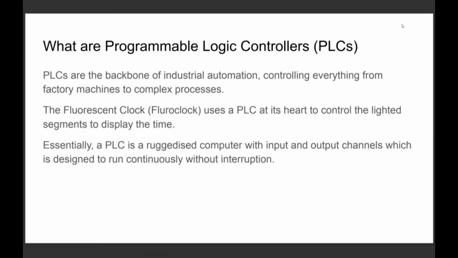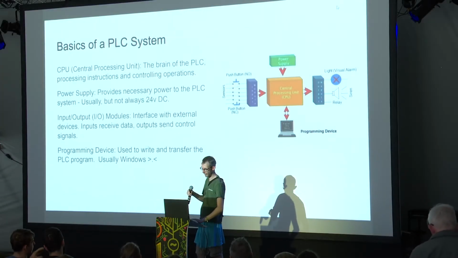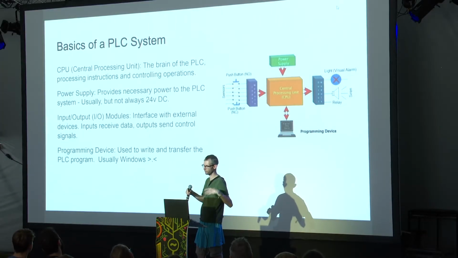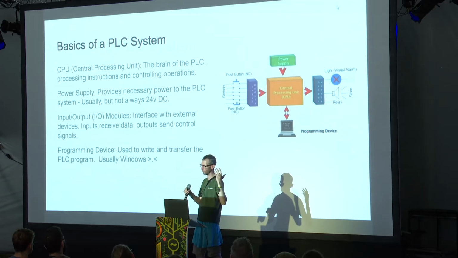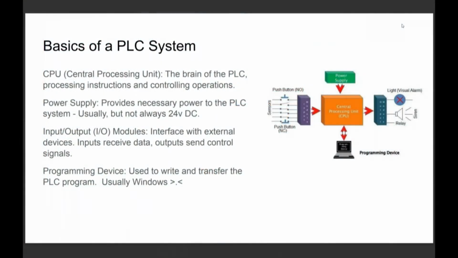But if you imagine any factory that makes things, cars or whatever, all of the processes for stamping the metal and moving them forward is going to be automated somehow, and the way that operates is with a PLC, and it's just a tiny computer, and much like a tiny computer, it's got a CPU and it's got a power supply, and the only thing that makes it different from, say, having a Raspberry Pi is that you've got a really large amount of input and output capability, far surpasses anything that Raspberry Pi can possibly offer.